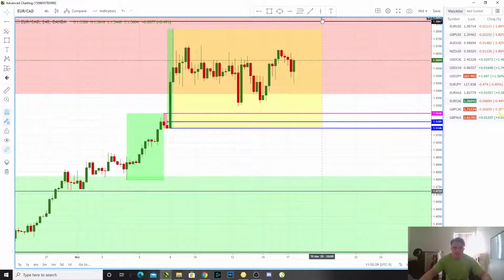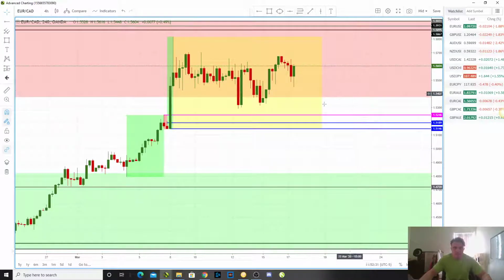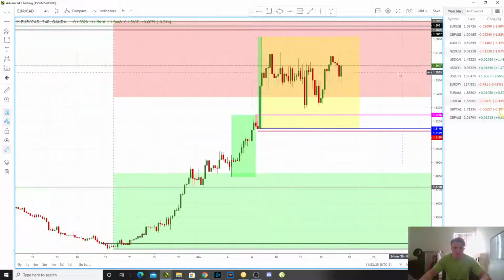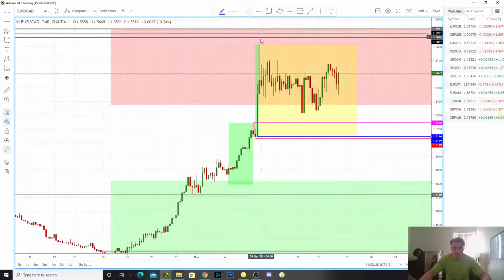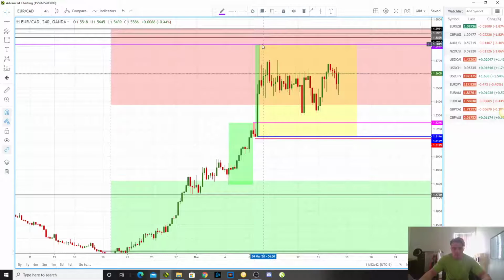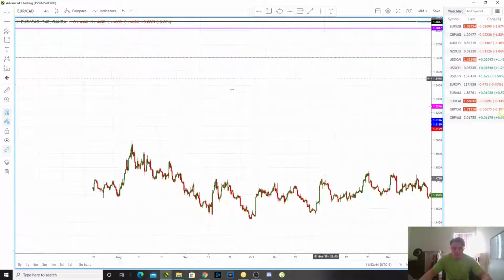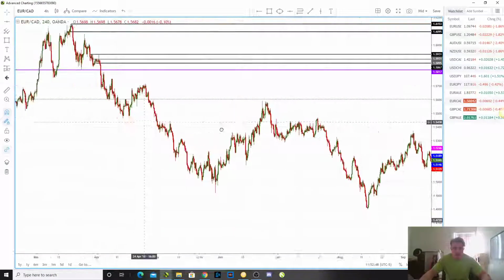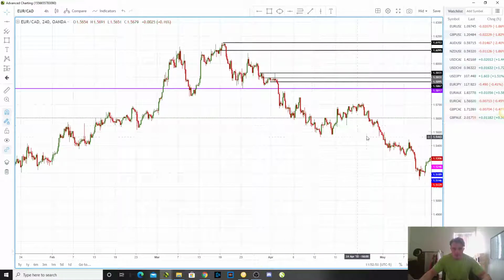EuroCAD still kind of making up its mind on what it wants to do. I am going to go ahead and set this trade up though. We are on the curve, but we haven't. Oh, let me just double check that we haven't come into a 240 level here. Because if we came into a 240 level that worked, then it's going to be probably a no-go on that. And it has not.